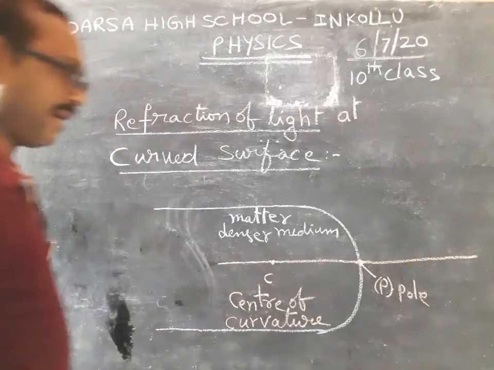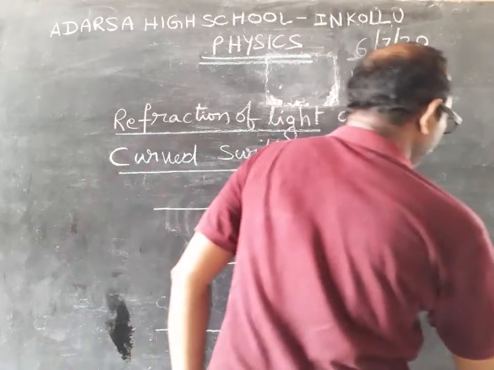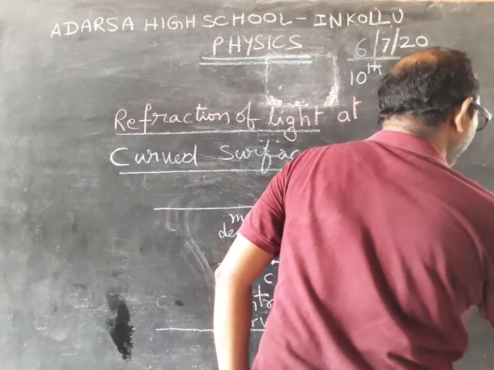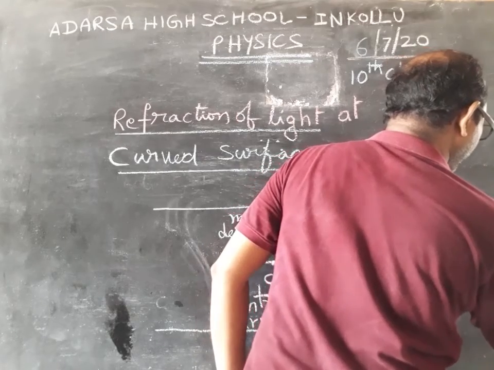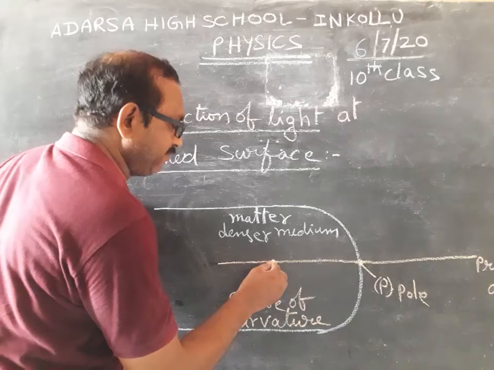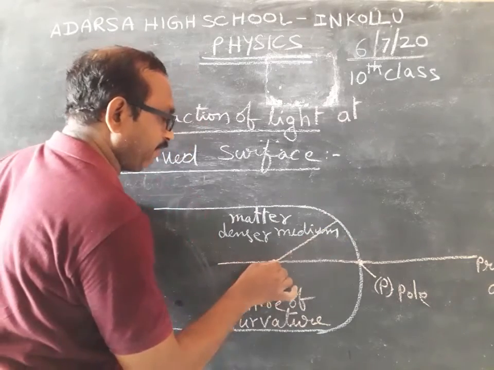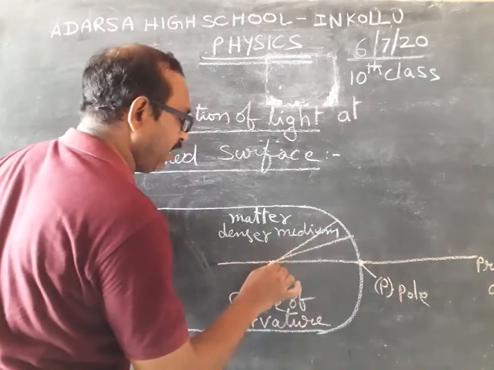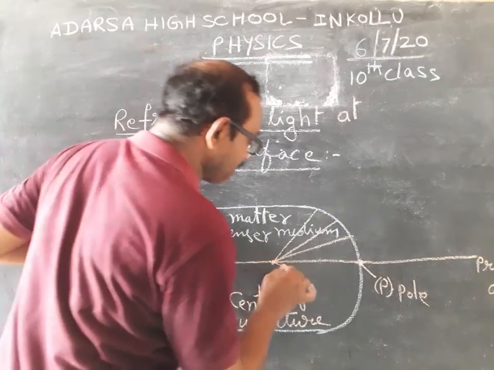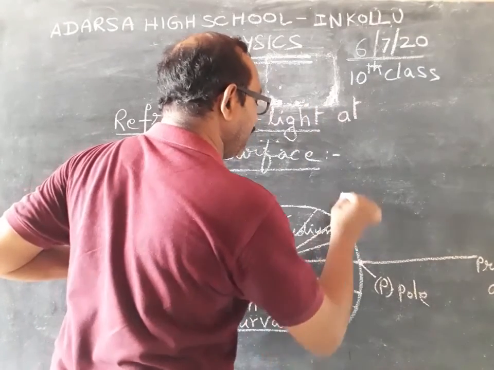The line joining the center of curvature and the pole is known as the principal axis. The line joining the center of curvature and any one point on the curved surface is known as the normal.